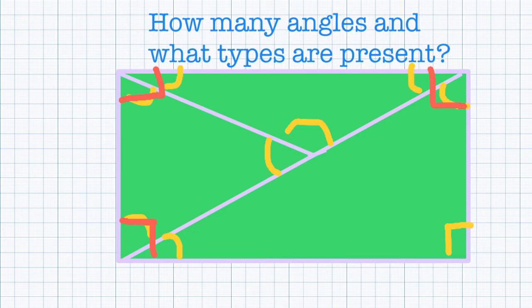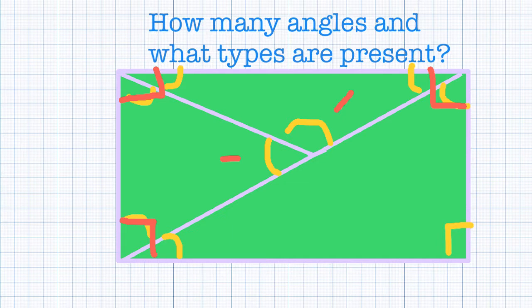So also, although we've identified all of the angles, we can also classify the angles in the middle here, either this one or this one, as a supplementary angle. Because remember, a supplementary angle is the sum of two angles that equal 180 degrees.